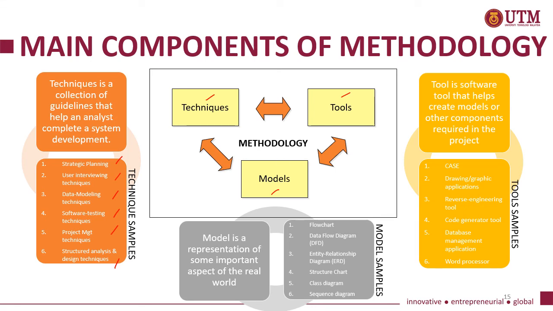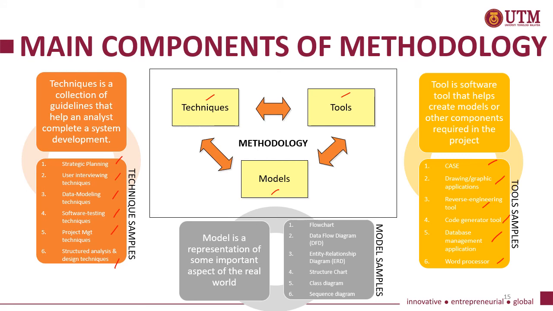What are tools? A tool is a software tool that helps create models or other components required in the project. There are 6 main examples of tools. We have CASE, drawing graphics applications, reverse engineering tool, code generator tool, database management application, and word processor.